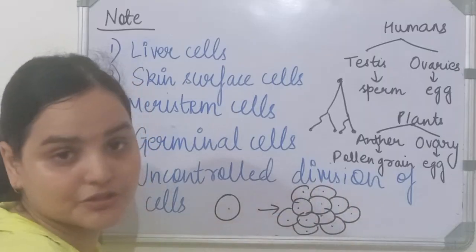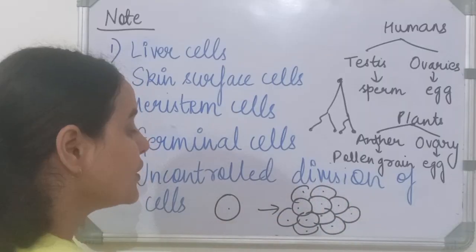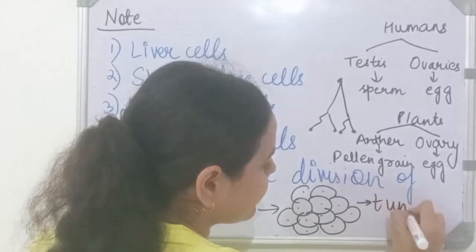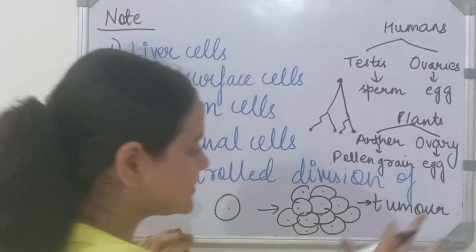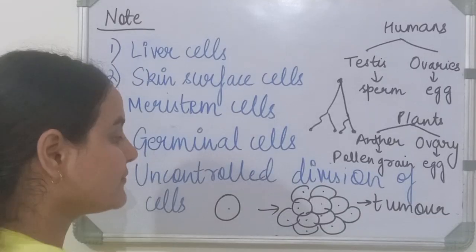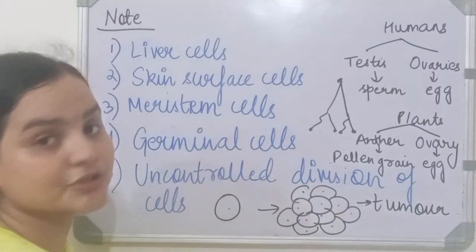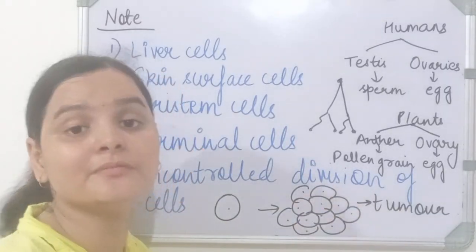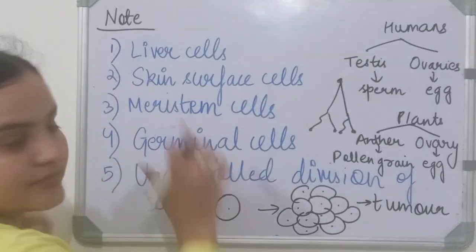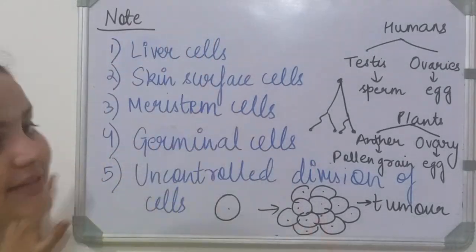You are not able to control the division at any stage. So this leads to formation of tumor. Tumor is just this large mass of cells, which is formed as a result of uncontrolled division, and this tumor may lead to cancer. Okay, so I hope all these things about the cells are clear.